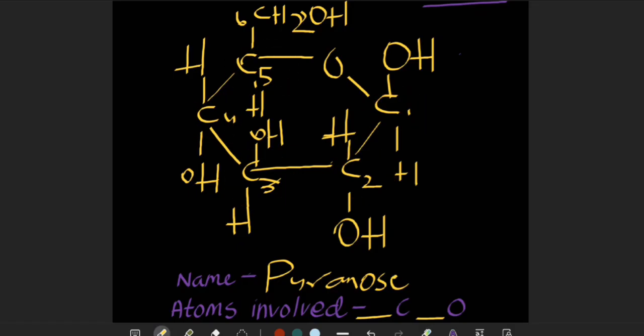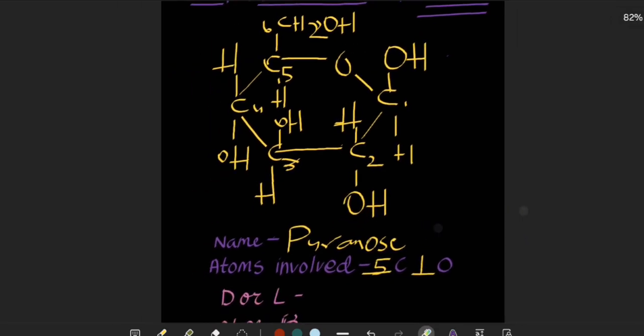So there are 5 carbons attached to this ring. Although there are 6 carbons in the linear structure, when it comes to the ring structure, there are only 5 carbons involved, and then there is one oxygen atom which is involved in the formation of the ring structure, right?